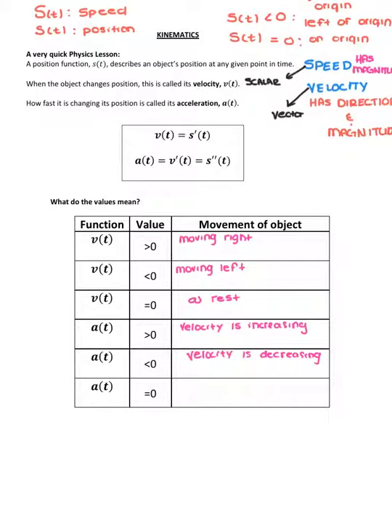Now, what does it mean, do you think, when your acceleration is 0? Velocity's not changing. Yeah, so the velocity is not changing, right? So velocity is constant. That's what we say when it's not changing.